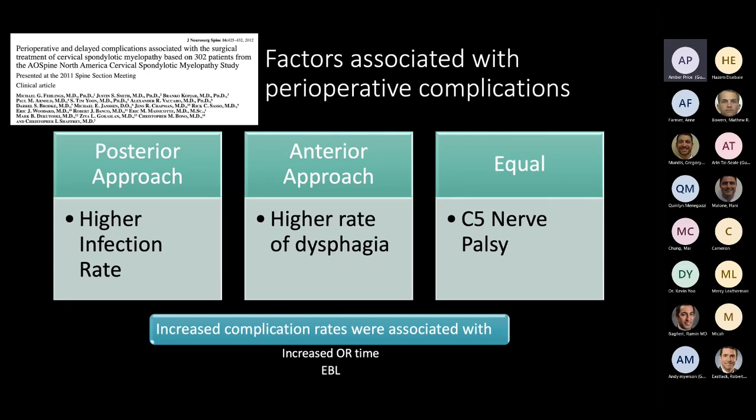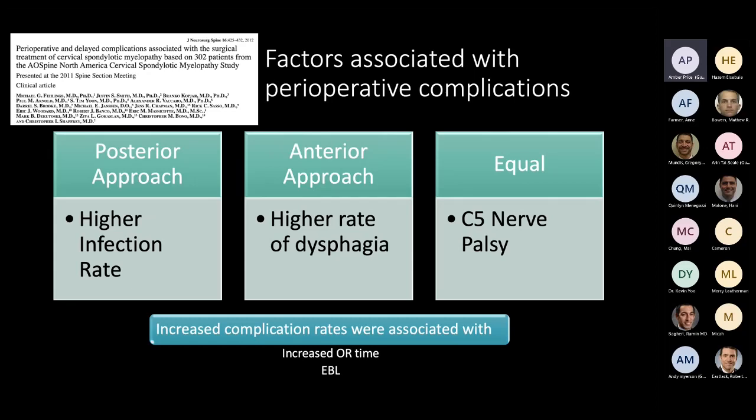What about complication rates? So this study looked at the perioperative complications that can occur. It was a study of 302 patients, and they looked at all approaches, anterior and posterior. Posterior approaches were associated with higher infection rates. Anterior approaches were associated with higher rates of dysphagia, and both approaches had equal rates of C5 nerve palsy, which varies in the literature.